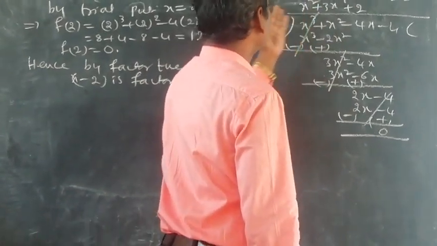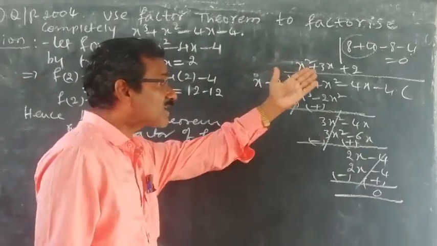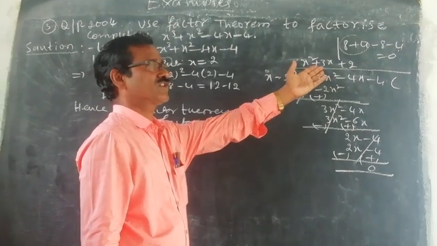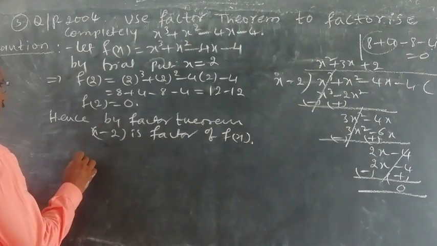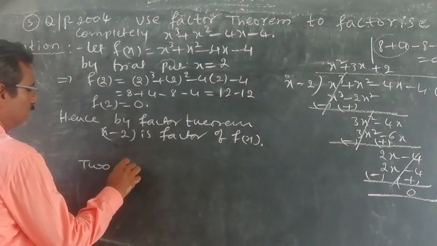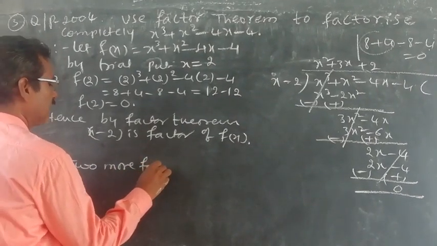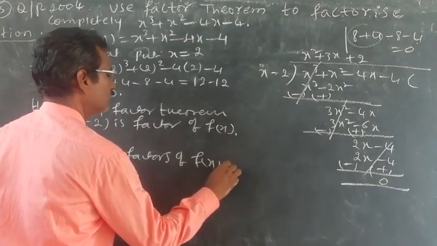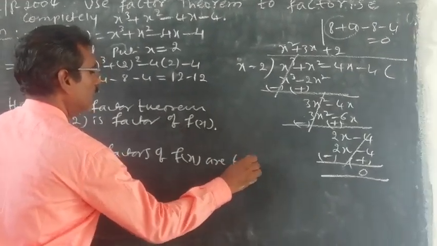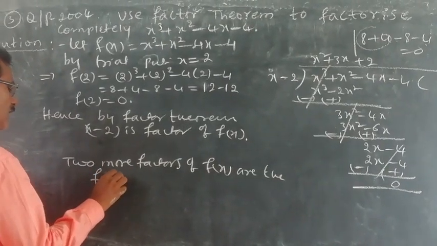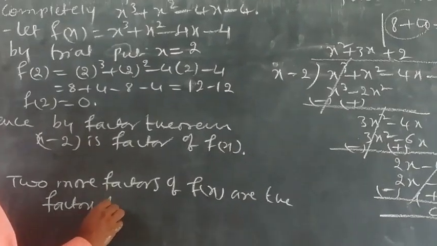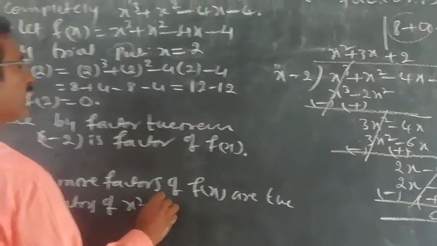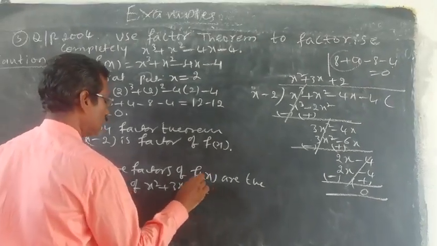The 2 more factors of the given polynomial f(x) are the factors of this quotient, x square plus 3x plus 2.